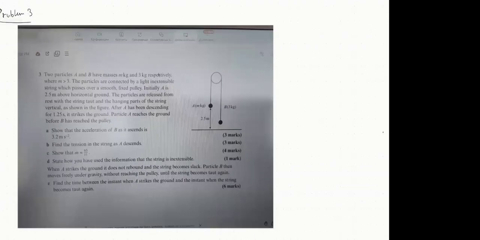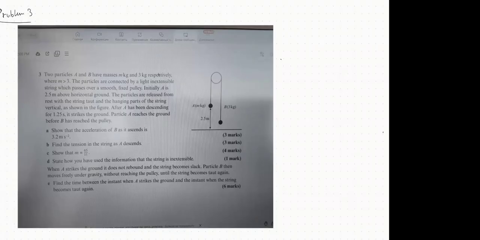So you might be tempted to do the question the same way as I did the previous one, but actually it's much simpler because they gave you the distance, they gave you the time, so it looks like it's going to be a SUVAT question.